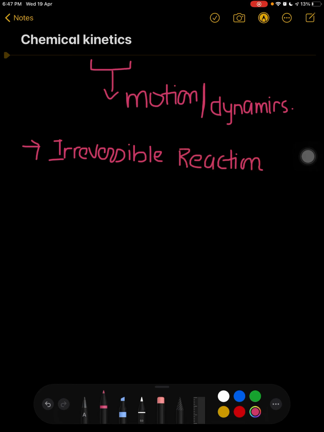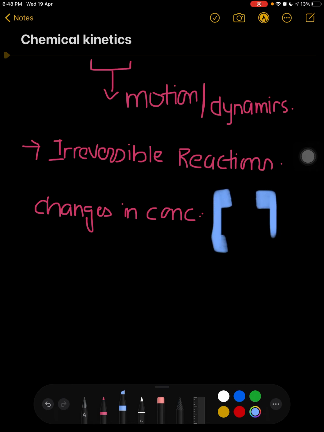Actually in this we will study the rate of change of concentration in a chemical reaction. We will study the changes in concentration, and we can call this concentration active mass as well, right?